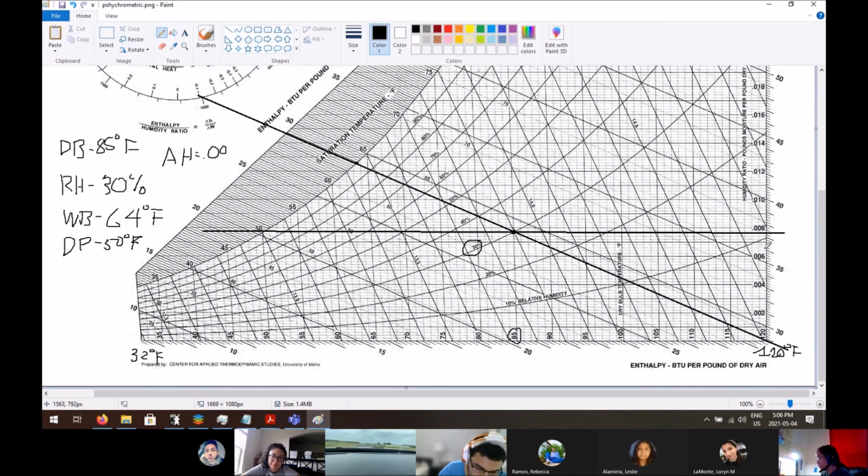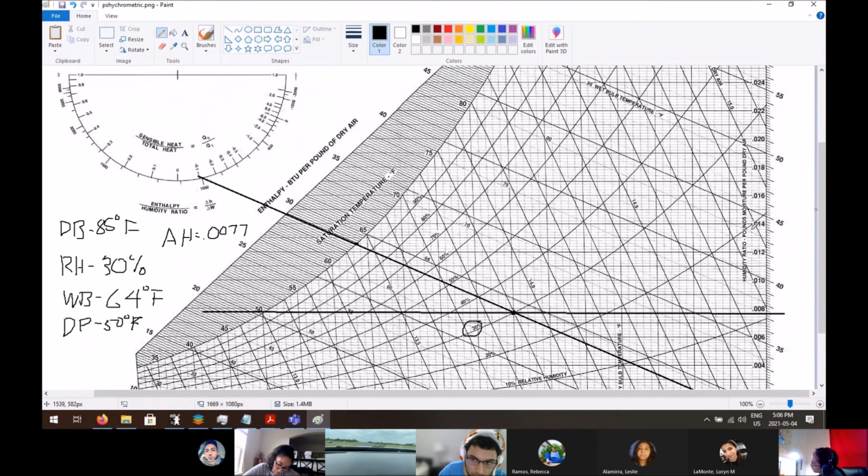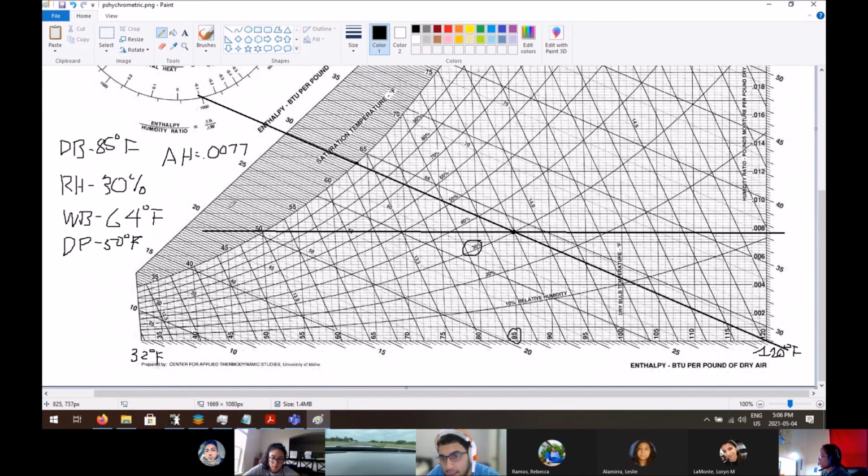So our absolute humidity is 0.007 or so, and that is measured in pounds of moisture per pound of dry air.